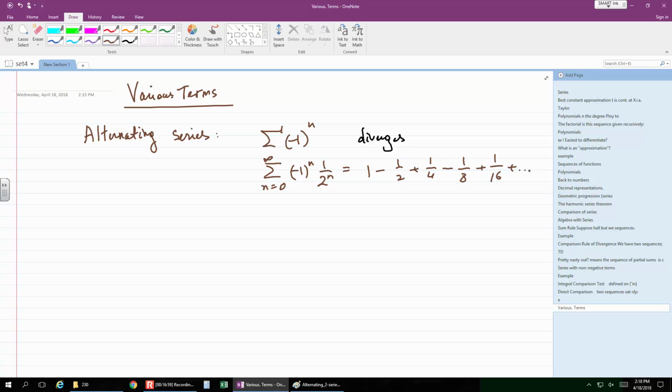As you can see, the terms are the same as in the geometric series that we started our studies with: 1/2 plus 1/4 and so on. But the signs alternate. So the question becomes, does it converge or diverge?